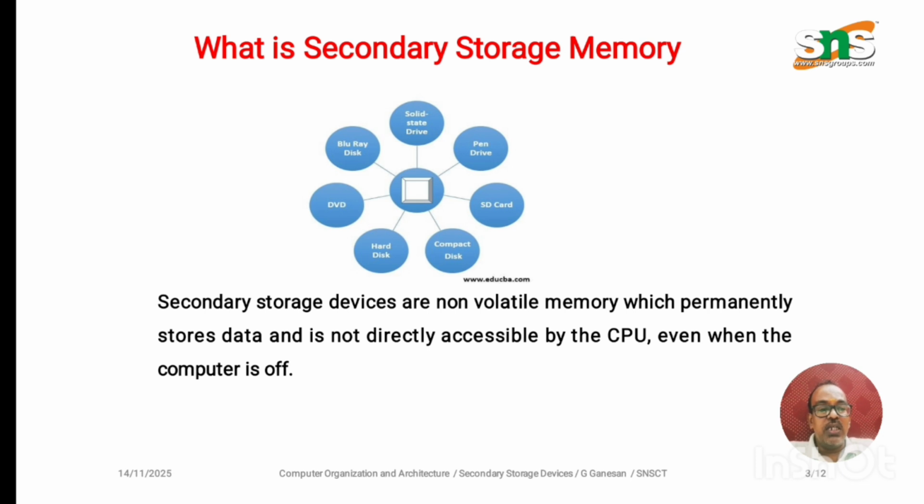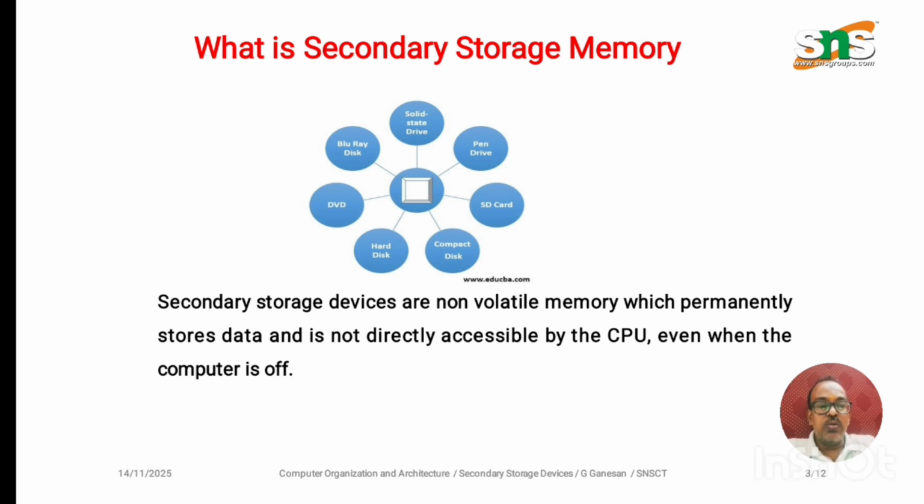These secondary storage devices are used to store data or videos or songs in any form in a memory card or pen drive or CD or DVD. But these contents are not required for the normal functioning of the CPU.